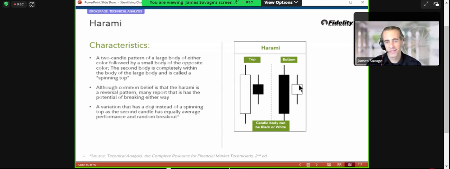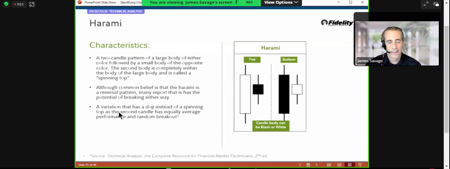And as you can see here, that spinning top is meant to look like that. But notice how it's completely within. So the range of movement between that open and close was lesser than the prior day. So we may even say, to some extent, this could be a lower volatility day on average when looking at this pattern.